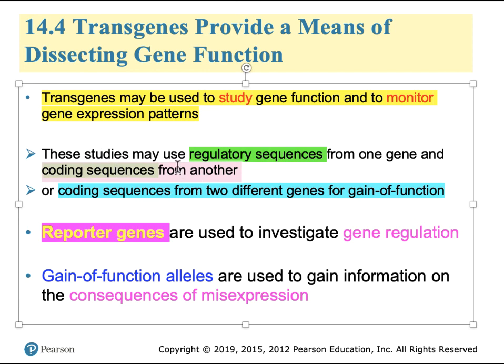A chimera is a hybrid between two animals. In this case, the animal here will be the regulatory sequence, and the second animal would be the coding sequence of a different gene. Or you can take two coding sequences from two different genes and tie them together to see if there's a gain of function.